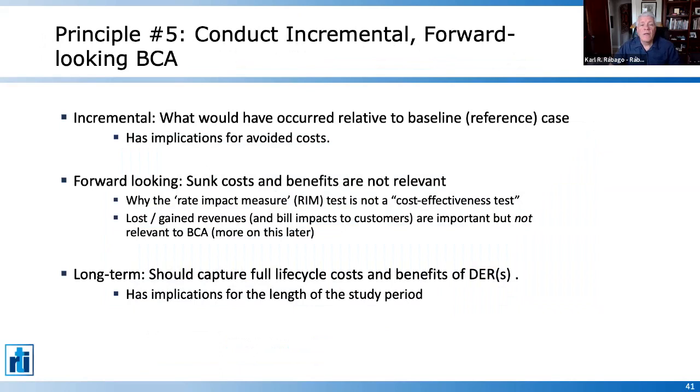Number 5, your analysis should be incremental and forward-looking. You've got to put this one in your brain a little bit. We're so used to embedded cost or historical cost of service studies. We look at what you paid in the past. But benefit cost analysis is not about what you paid in the past.